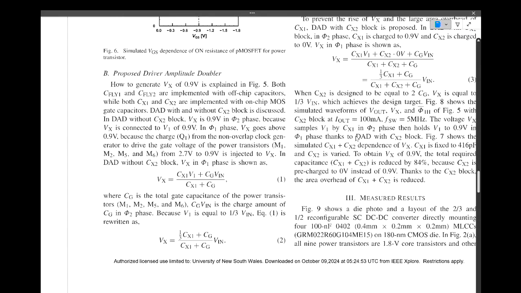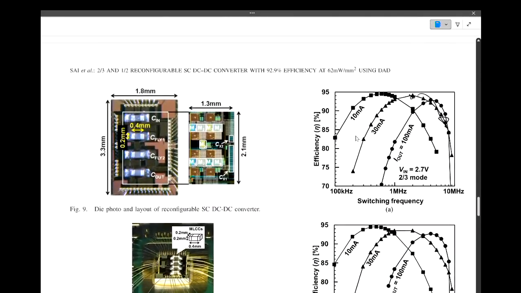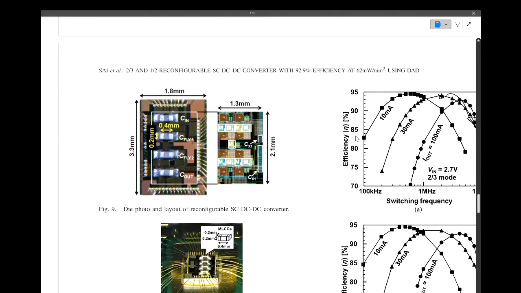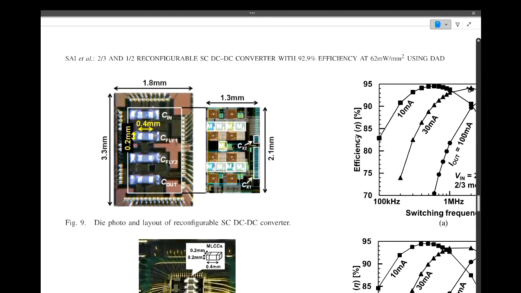We can see in figure 9 a layout of the total design of the SC DC-DC converter. It includes a 100 nanofarads overall of multi-layer ceramic chip capacitors.